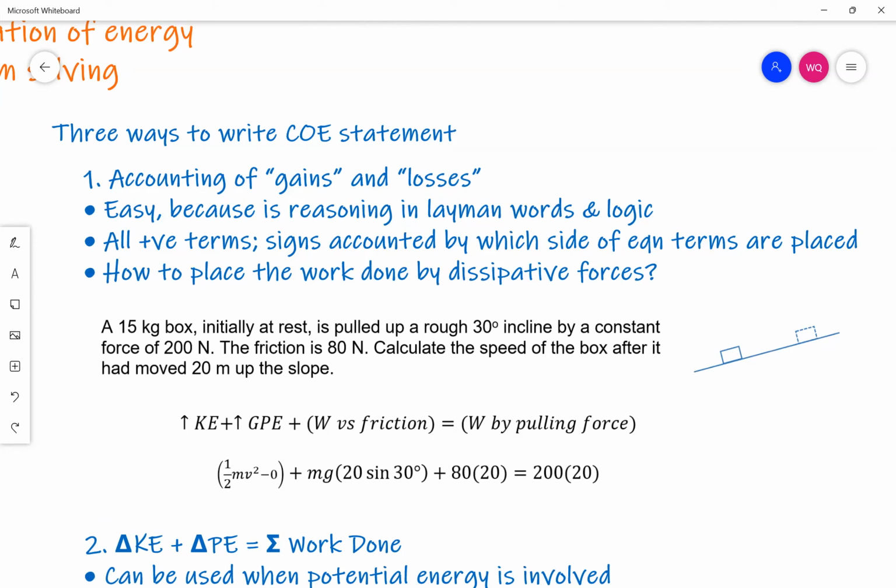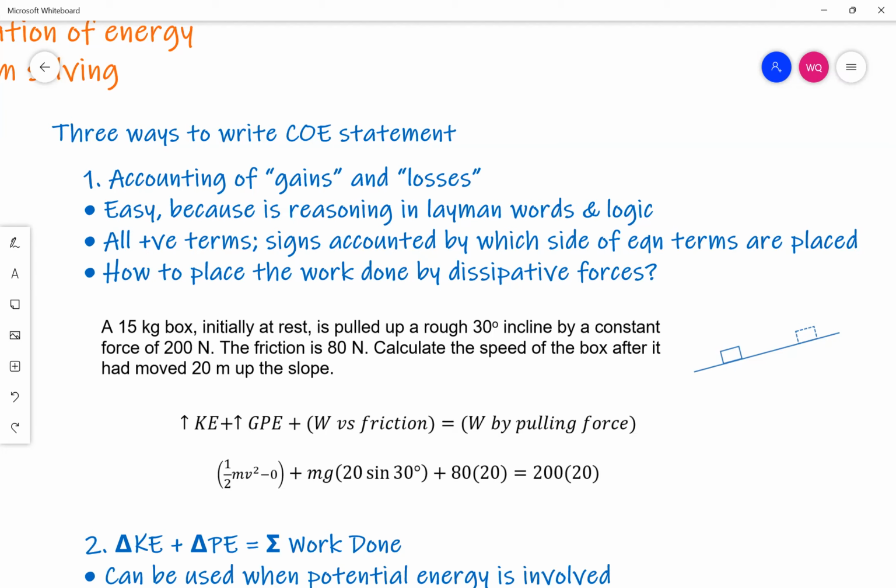I could have a change in KE of minus 50 joules. That means the KE has decreased by 50 joules. But I could say the loss in KE is 50 joules. In saying that, I will have avoided the minus sign. So saying things by gains and losses will avoid using the minus sign.